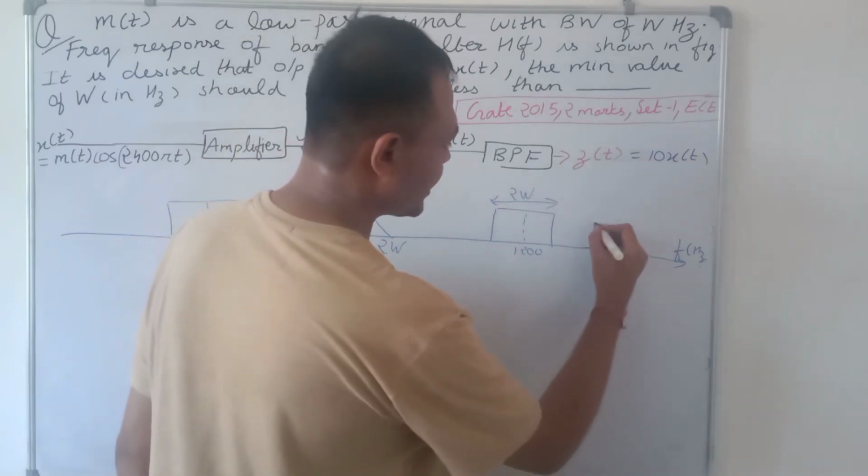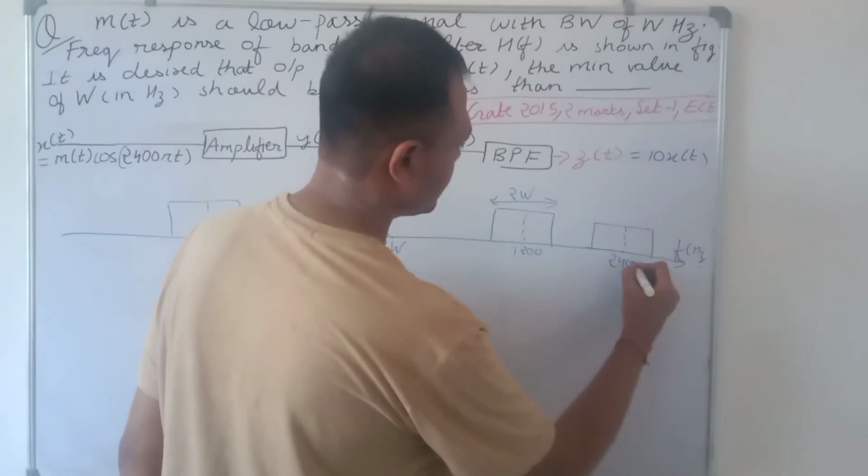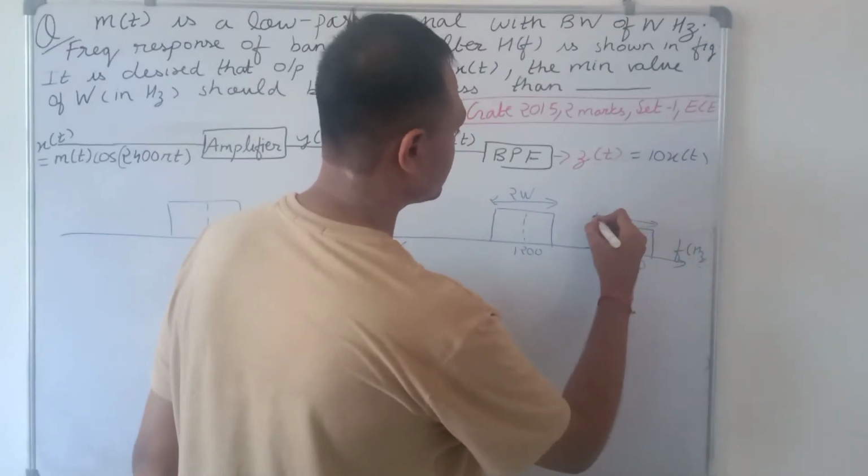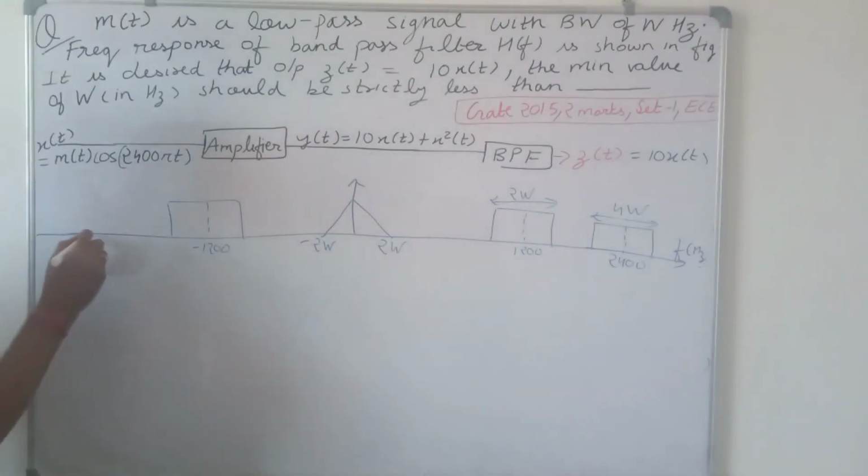Again there will be a rectangular signal centered on 2400 and its bandwidth is 4W. Here also this will be a rectangular signal, centered at minus 2400 with bandwidth 4W.